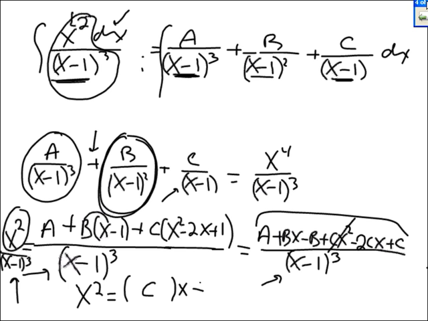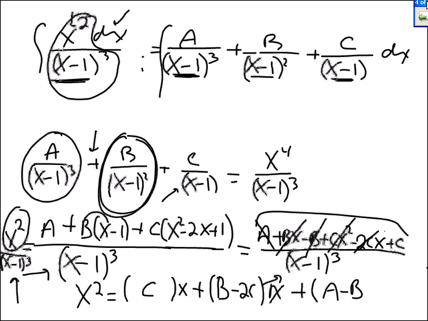How many x's do we have? Well, we have plus b minus 2c x's. What is the constant? It's a minus b plus c. And that equals x squared.